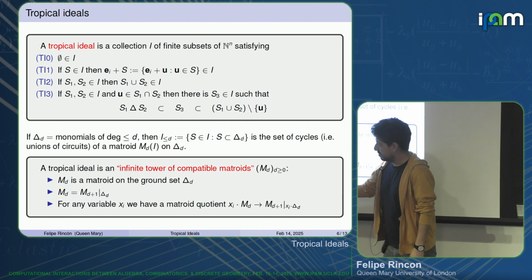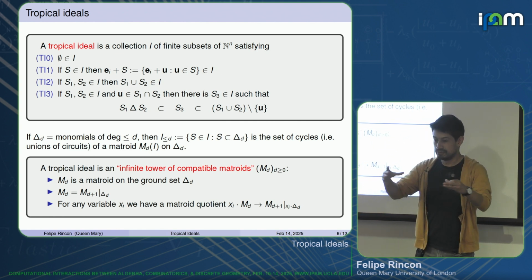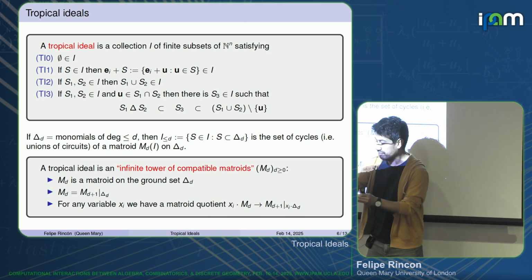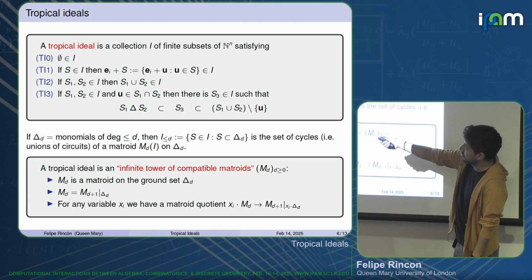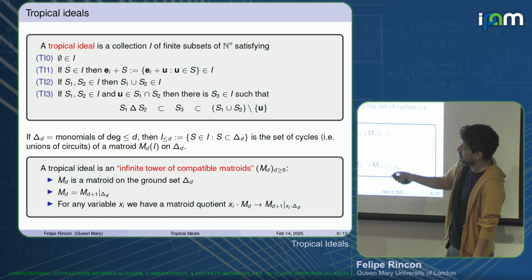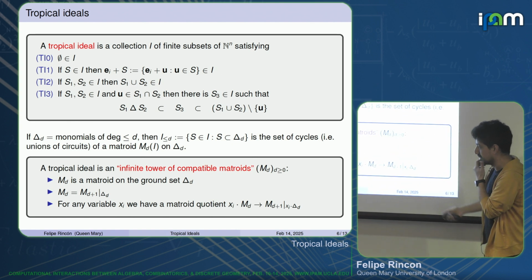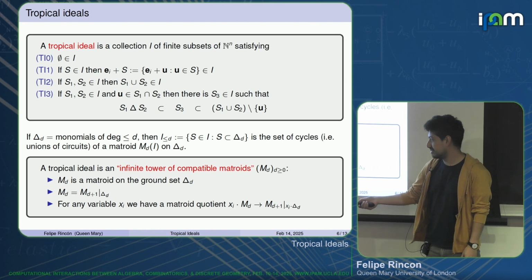They need to extend the previous one, so they're sitting on top of each other. The matroid of monomials of degree 2, when restricted to monomials of degree 1, is the previous one, and so on. So it's an infinite tower of matroids that keep extending. But they need to satisfy this condition that if you take a union of circuits of degree D and you multiply it by a variable, you get a union of circuits in degree D plus 1. And there's a matroid name for what that is, and I wrote it here.